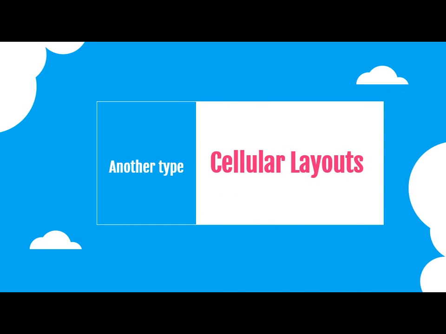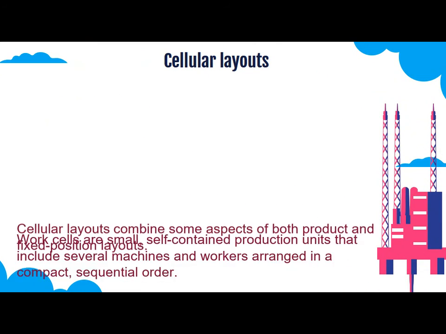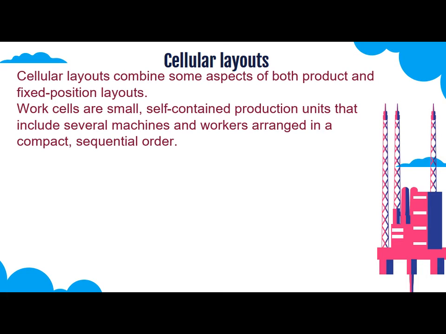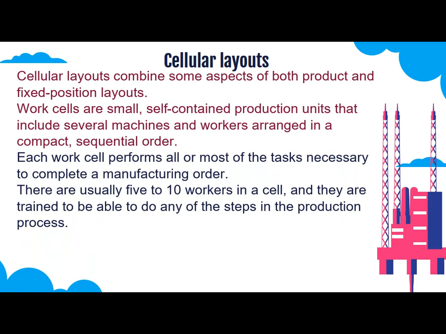Another type of layout is the cellular layout. Cellular layouts combine some aspects of both product layout and fixed position layout. Work cells are small, self-contained production units that include several machines and workers arranged in a compact and sequential order.